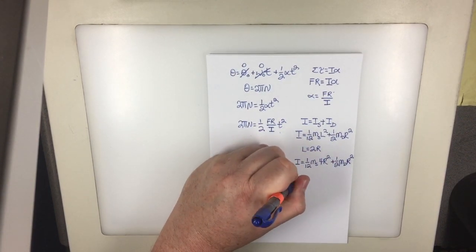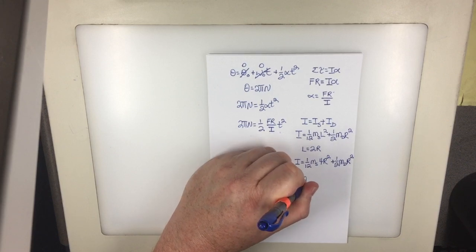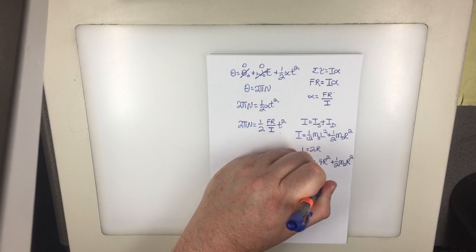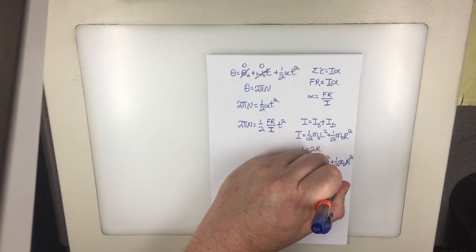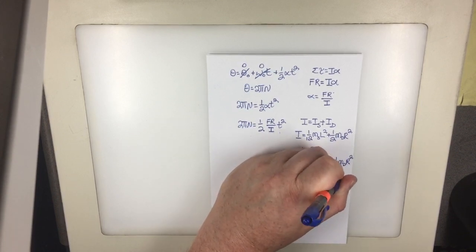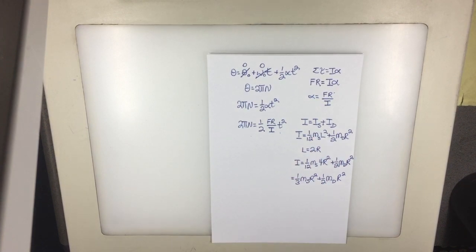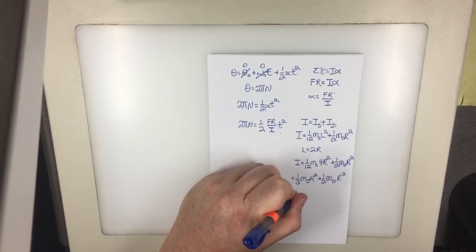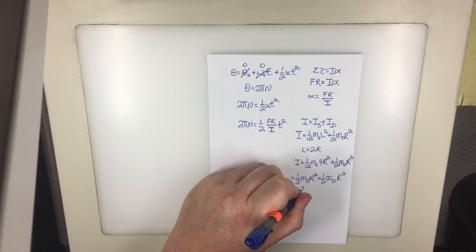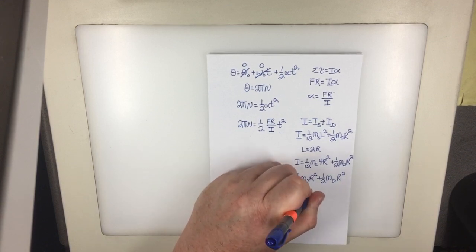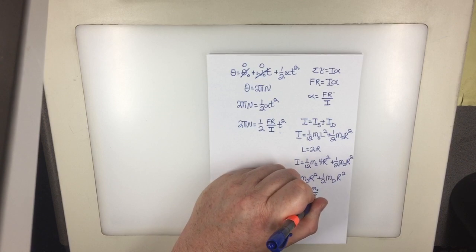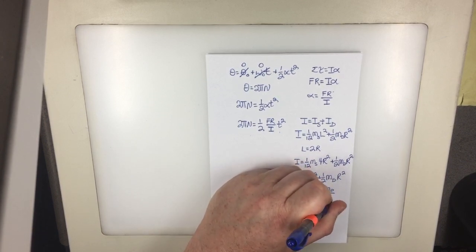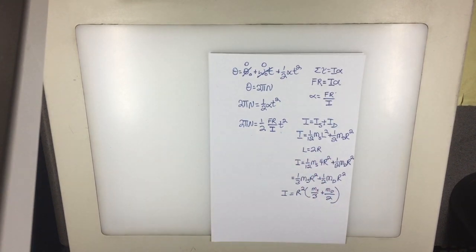This leaves me with 1/3 m stick R squared plus 1/2 m disc R squared. Factor out the R squared: I equals R squared times m stick over 3 plus m disc over 2. And that's the moment of inertia.